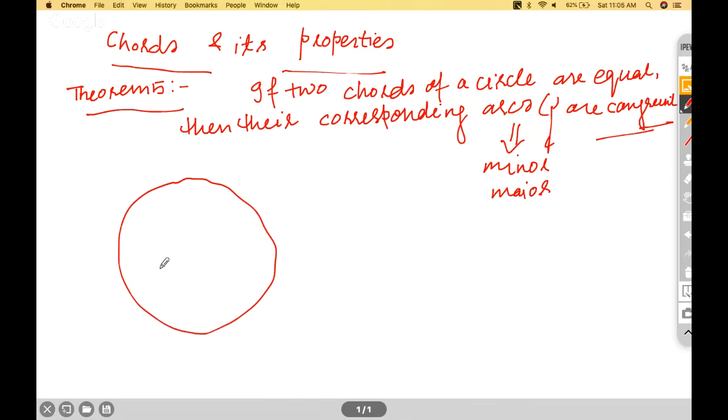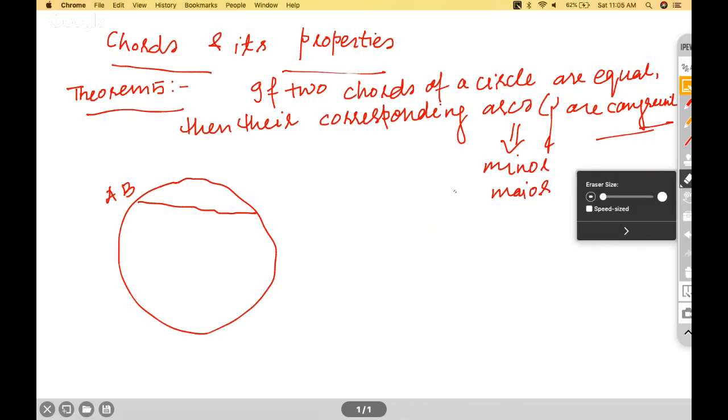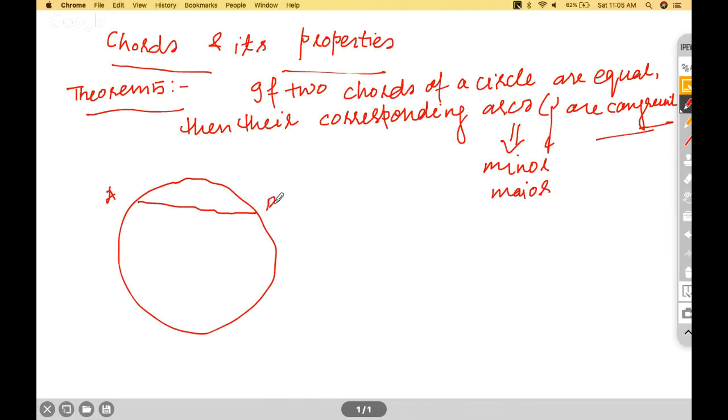Suppose this is my circle and this is AB, and this is CD, and it has been given that AB is equal to CD.